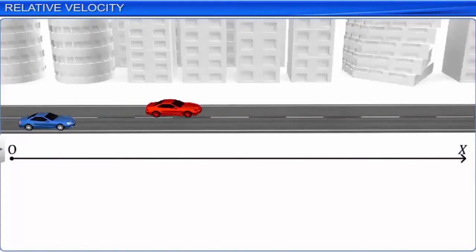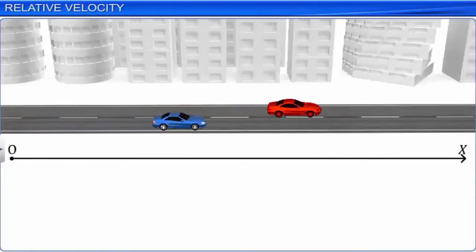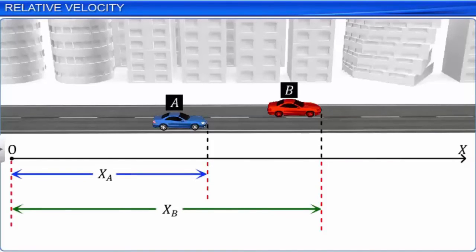Let's consider two bodies, A and B, moving along the same straight line. At an instant, their position coordinates are xA and xB respectively.